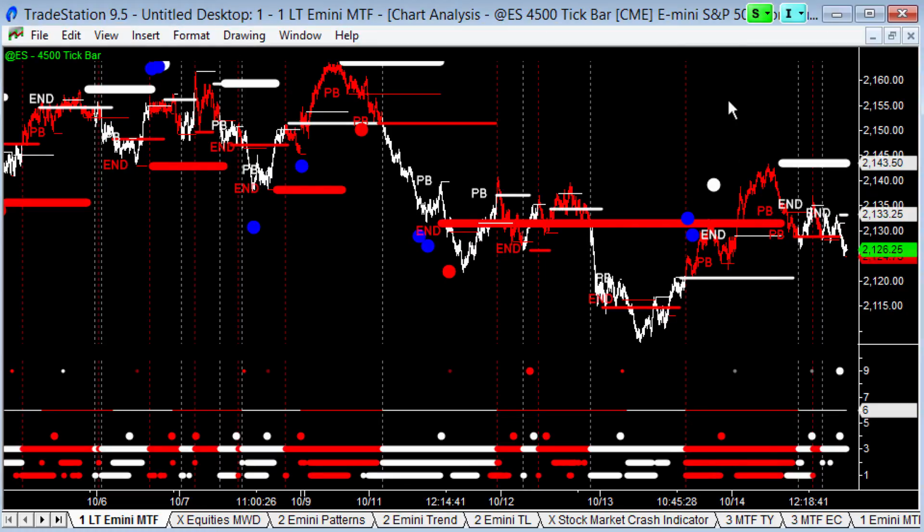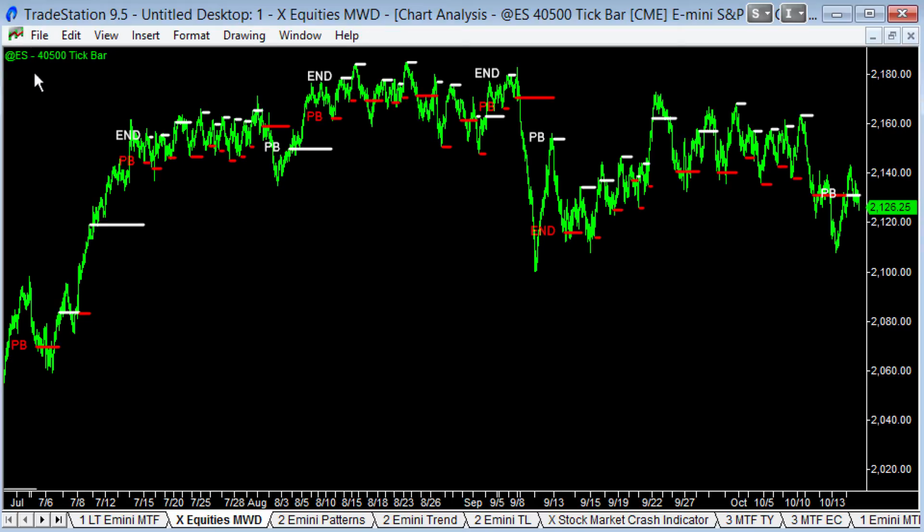Now, what happens with trending moves is we go through these periods of trend consolidation, and let me just show you what's been happening on that 40,500 tip bar chart, this highest time frame tip bar chart, going back to July. Here we had a really big move that ended up with pullback to end of trend. So a trending move then leads to consolidation.